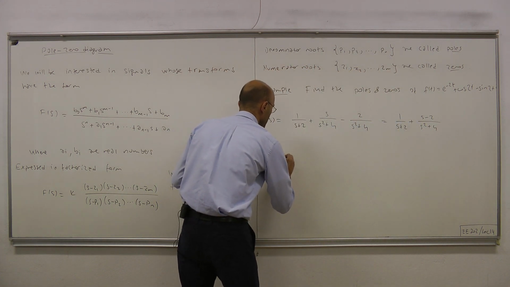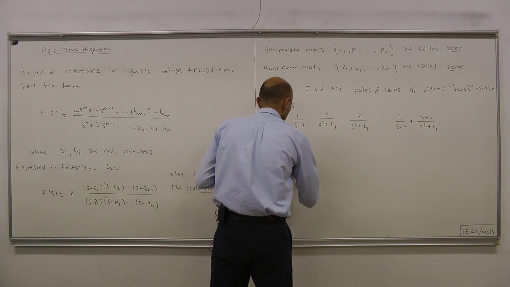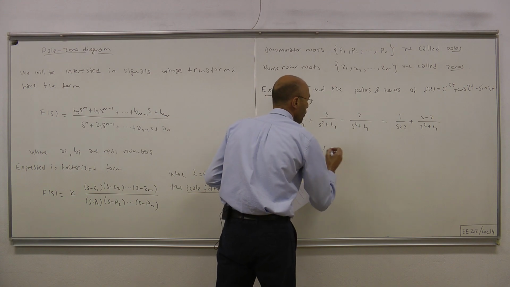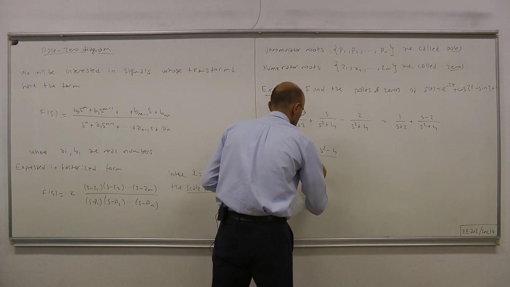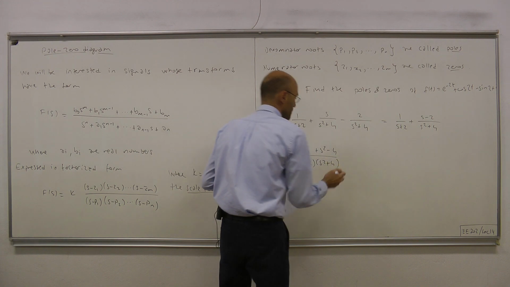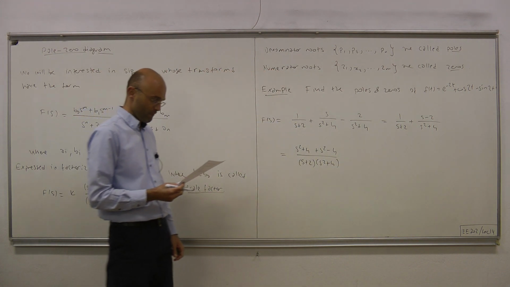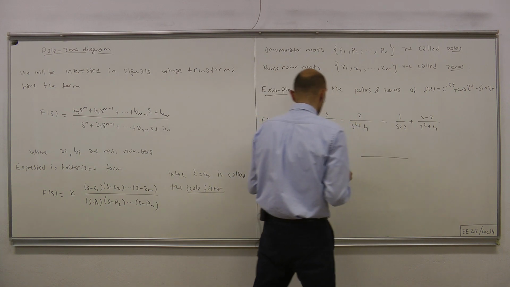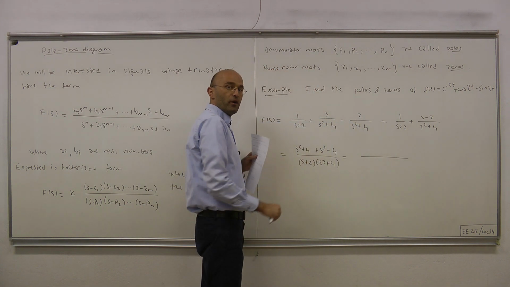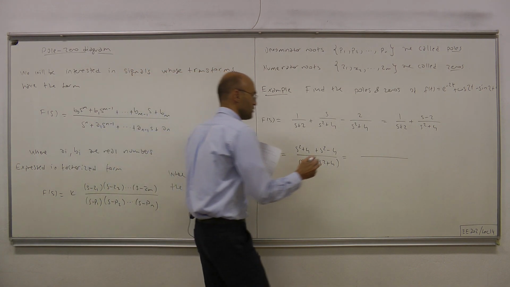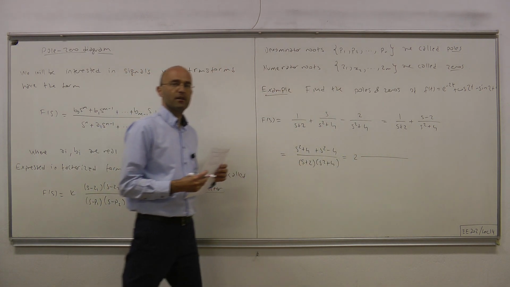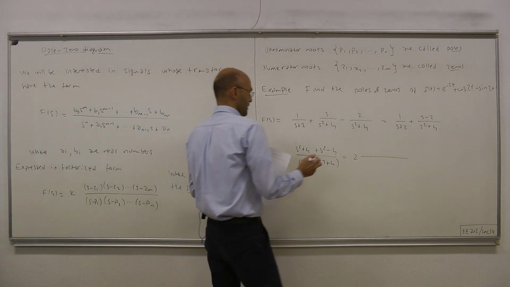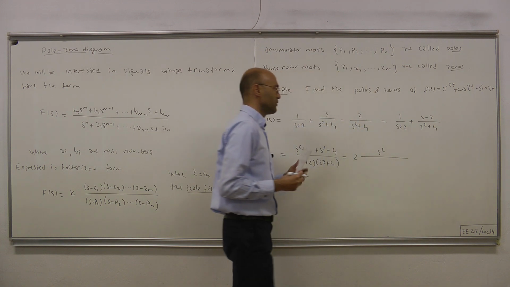And going one step further, we can write this as (s squared plus 4 plus s squared minus 4) over (s plus 2) times (s squared plus 4). And that equals, we have 2s squared for the numerator, so we put the 2 here, that's our scale factor, and what remains in the numerator is s squared.